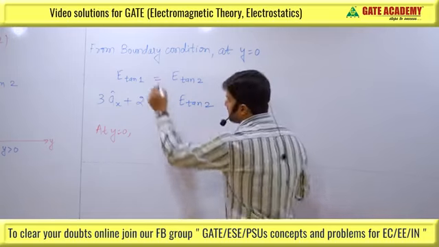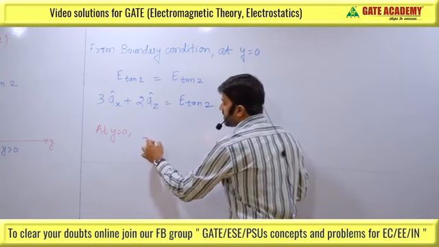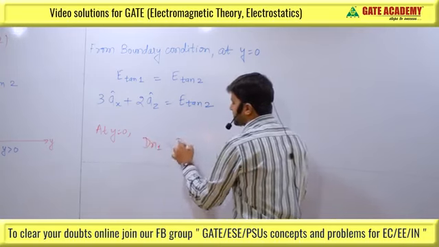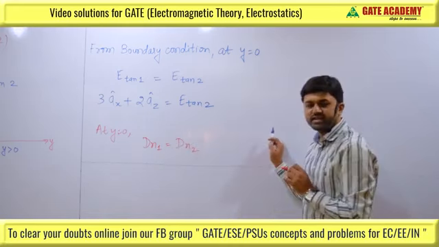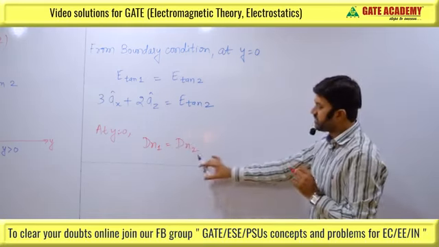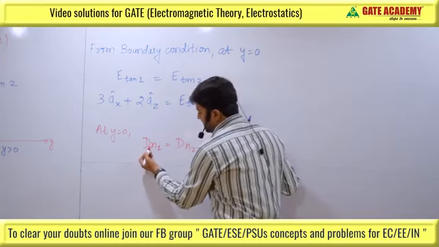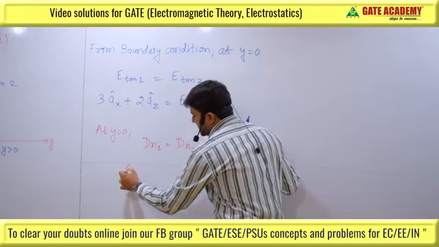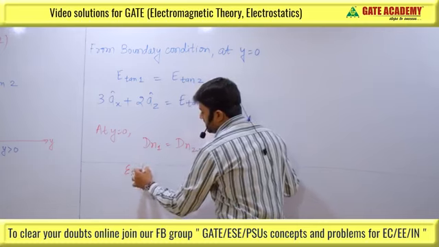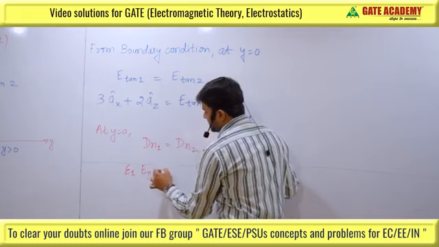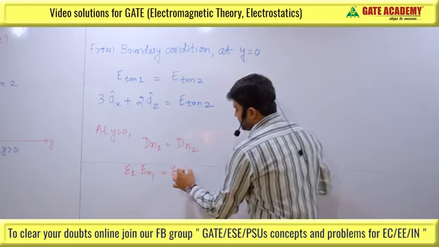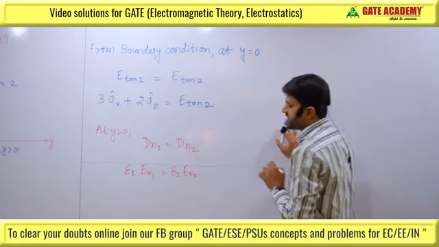Now again at y equal to 0, at the boundary, from the boundary condition, the normal component of electric flux density in region 1 is the same as the normal component of electric flux density in region 2. The electric flux density can be written as epsilon 1 times the normal component of electric field in region 1 and epsilon 2 times the normal component of electric field in region 2.